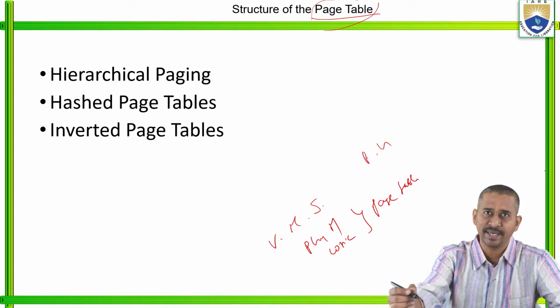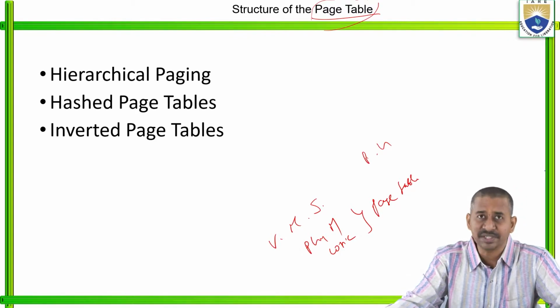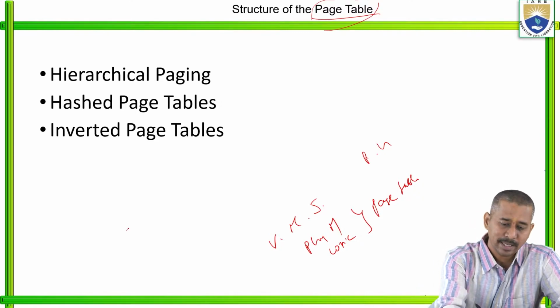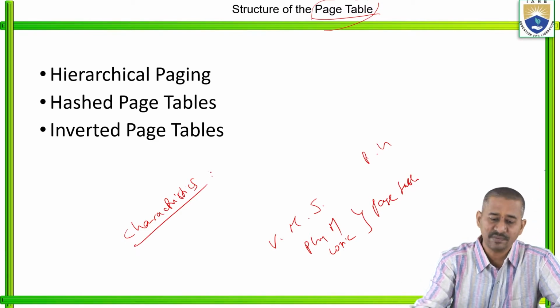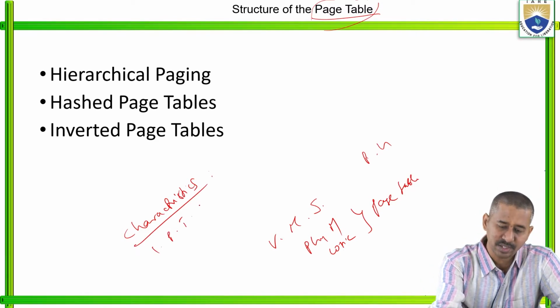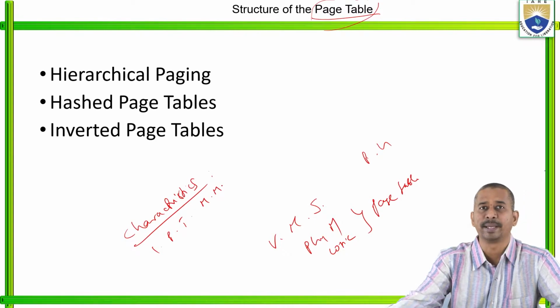Now, what are the various characteristics of a page table? First of all, the page table is stored in the main memory.